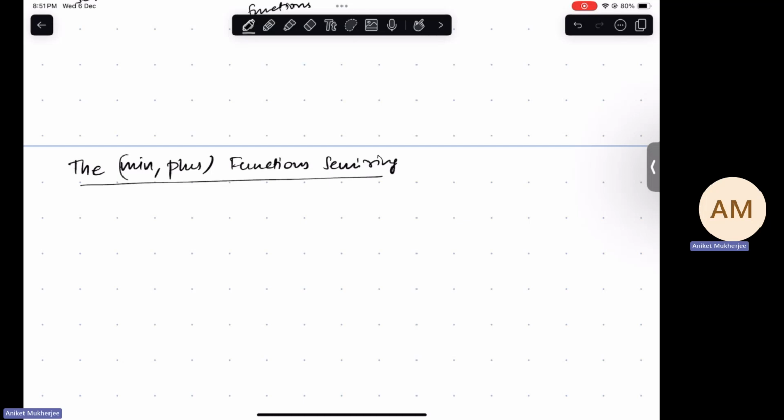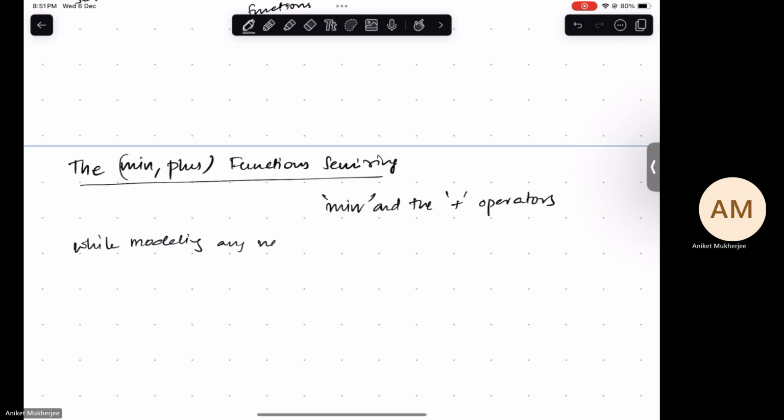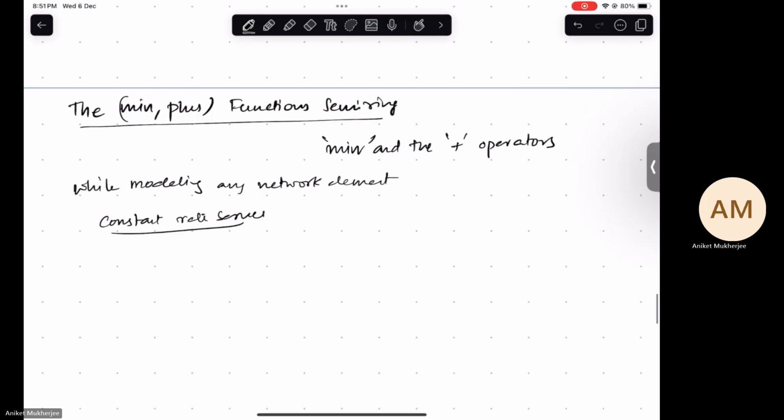So in the previous classes, what we saw was that the minimum and the plus operators, both appear naturally while modeling any network element. We saw it for the constant rate server. So what was the constant rate server?